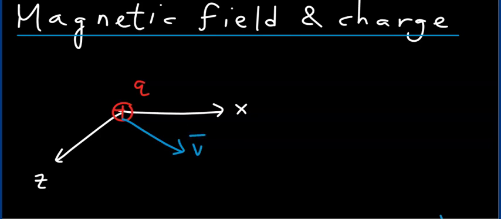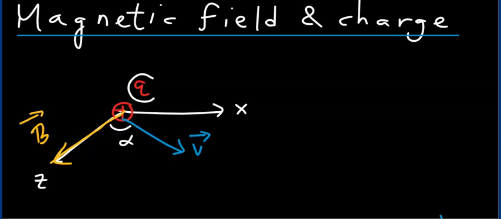So that is the direction of the velocity, making an angle alpha with respect to the Z-axis. Now let's assume this charge Q is moving in a region where you have a uniform magnetic field also pointing along the Z direction. So that is the magnetic field.